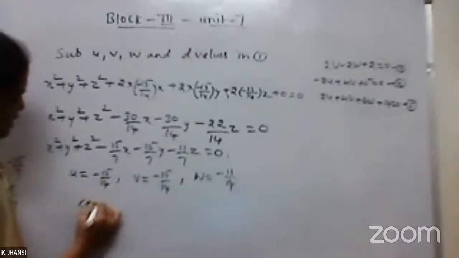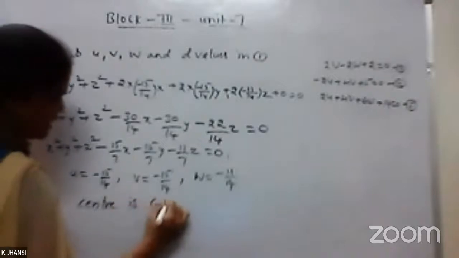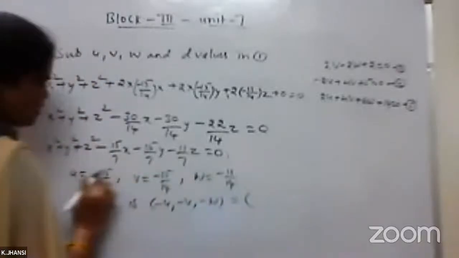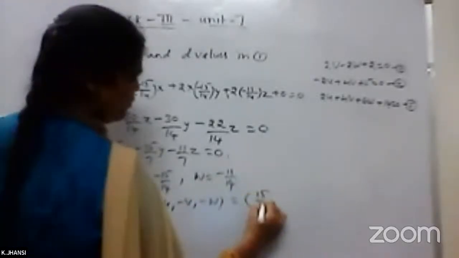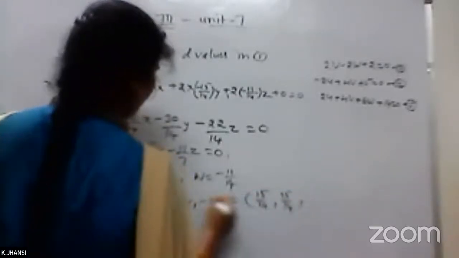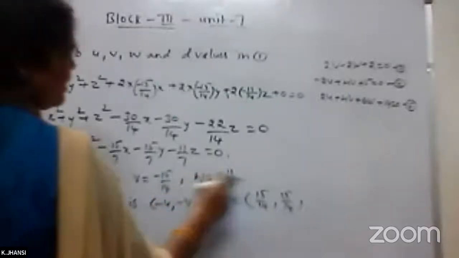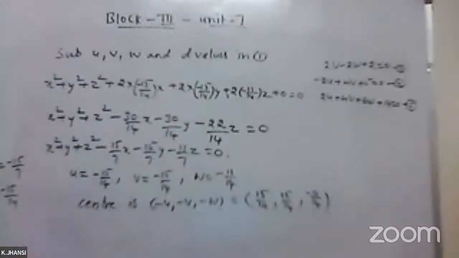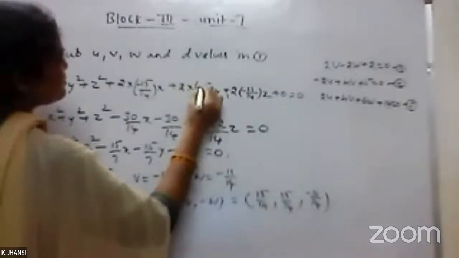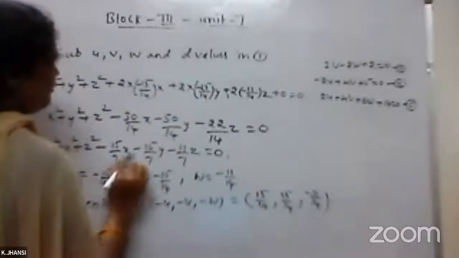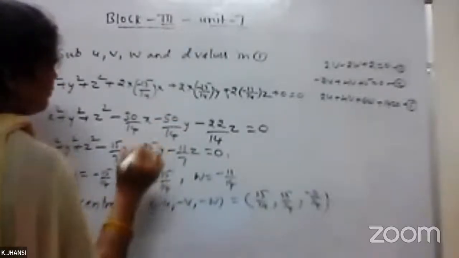But what is our center? The center is minus u, minus v, minus w. So minus of minus 15 by 14 gives 15 by 14, next 15 by 14, next minus 11 by 14. Here 2 into 25 is 50, and 50 by 14 is 25 by 7.